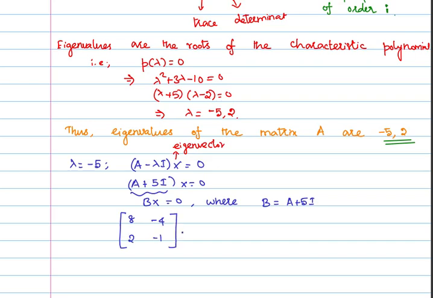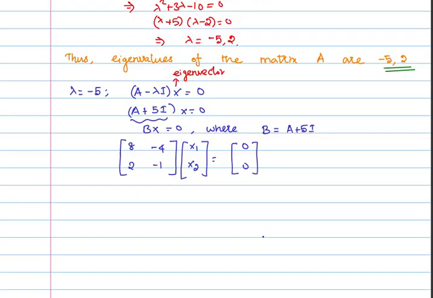This is our B, and x is x1, x2, equal to 0, 0. Now I want to solve this. This means we are going to the null space of B.